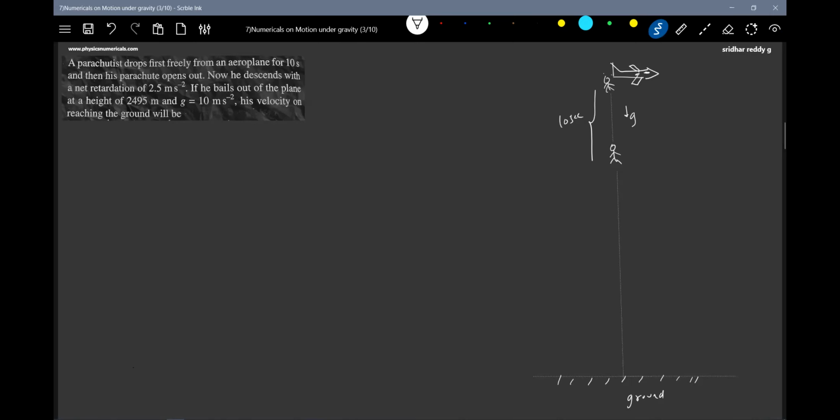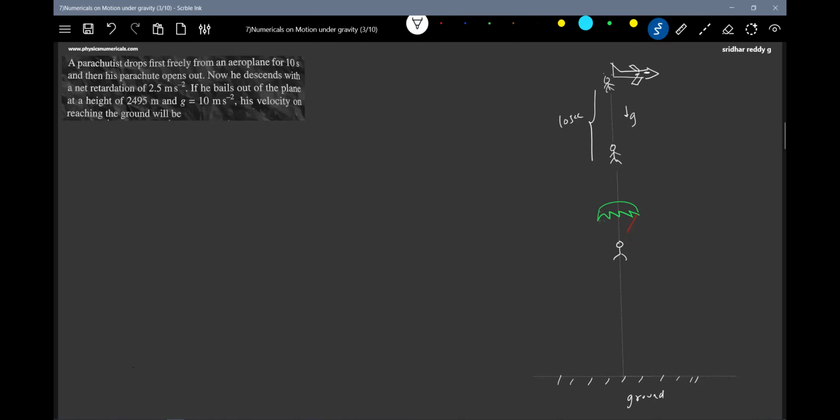Now he descends with net retardation. So what is the state of him now? He is going to descend.